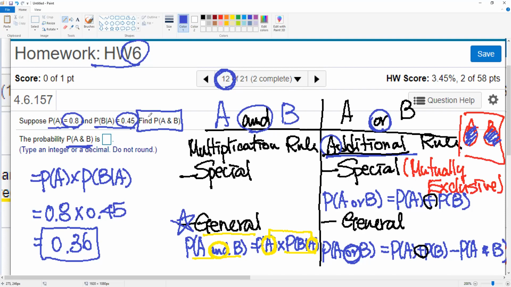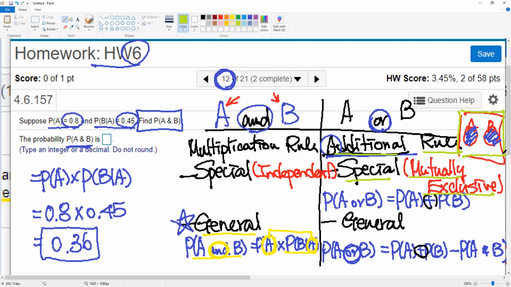Yeah. And now we have another case, the special case. Let me try number 11 later, but now the special case is when they are independent. As before, when we applied the special addition rule, they were mutually exclusive, right?